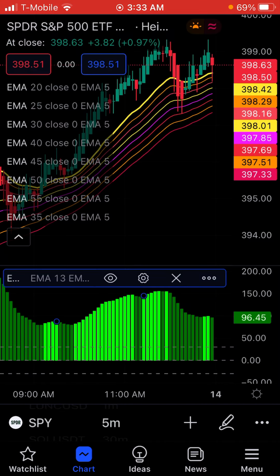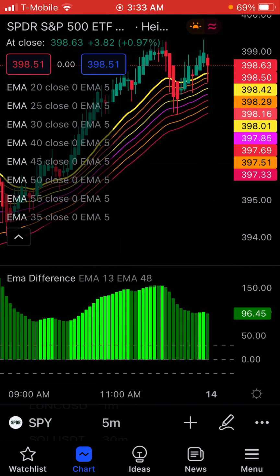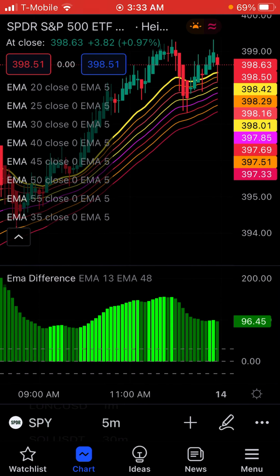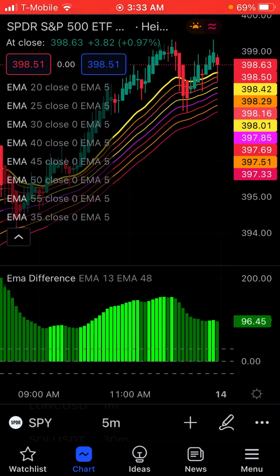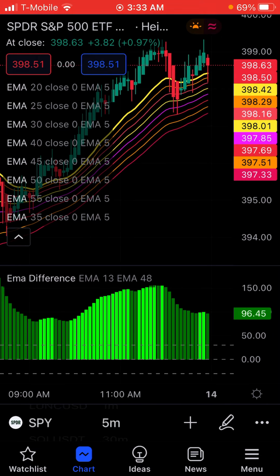So visually, with this method, you're seeing both strategies. You're seeing the 1348 down here with the EMA difference, and then you're seeing the rainbow strategy with all the other indicators up here. And I think this one is more powerful because you can see it more visually with this strategy.